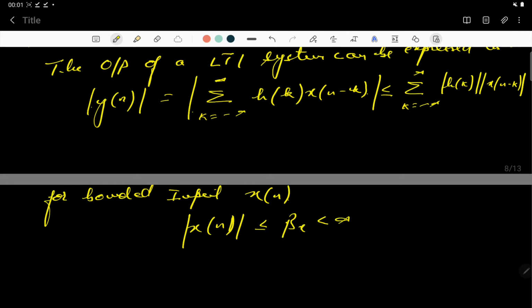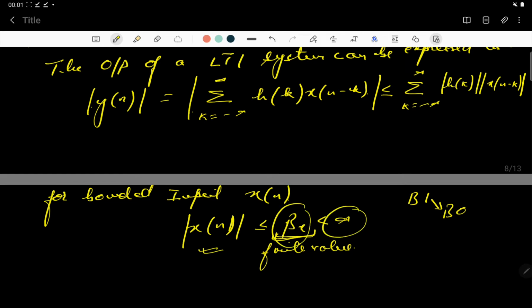Beta x is some fixed positive finite value, because a system can be stable if and only if a bounded input sequence produces a bounded output sequence. The input x[n] is bounded if there exists a fixed positive value beta x, which must be less than infinity. This is some finite value.